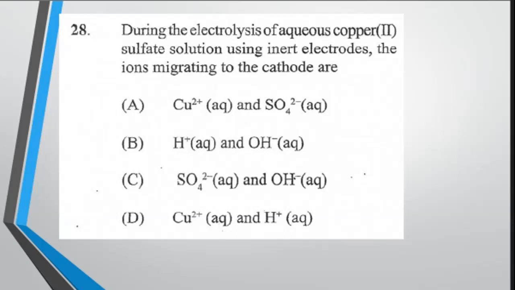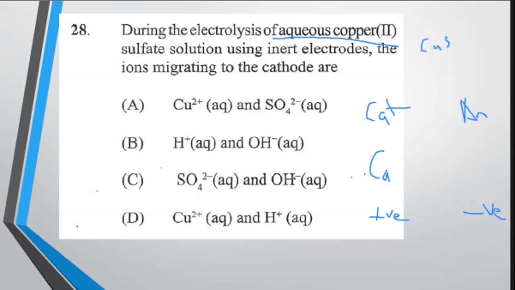We have the cathode and we have the anode. At the cathode, we have cations, which are positive ions, and at the anode, we have negative ions. So we have copper sulfate, CuSO4, dissolved in solution. We're going to have copper ions and sulfate ions, but it's aqueous, so that means it's dissolved in water.